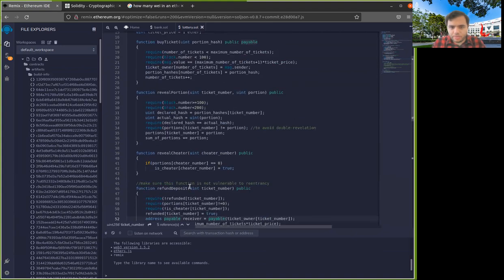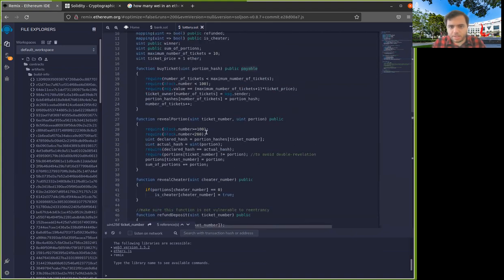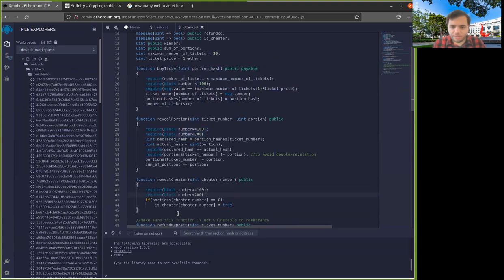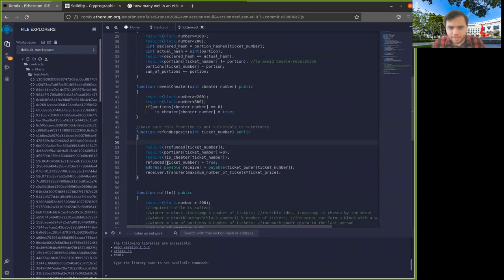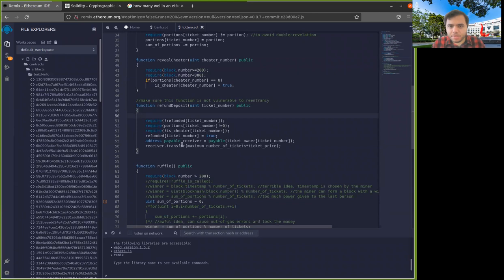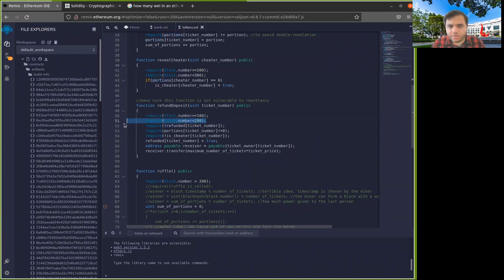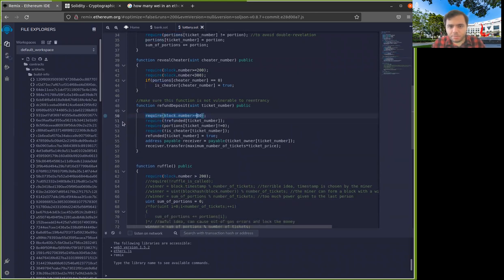Of course, I have to again think about the timing. So I said that in the first 100 blocks, you can call this one. In the next 100 blocks, you can call this one. Maybe we can give them another 100 blocks to call this one. And then we can get refunds only after block number 300. And we can also run the raffle only after block number 300.